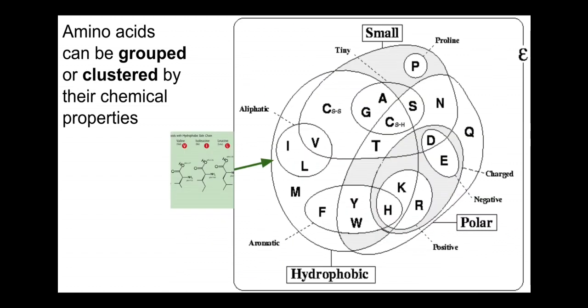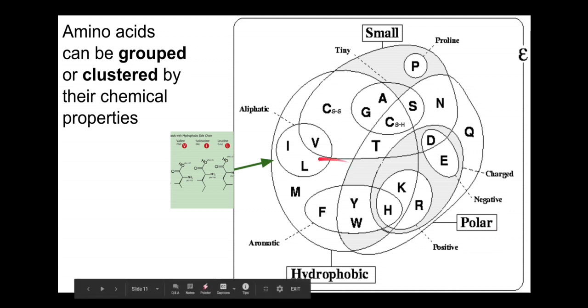We could use a circle diagram or Venn diagram to show how all these amino acids are related. So all these different circles represent relevant groupings, and it's very complex, and there's lots of overlap because each amino acid can fall into different groups, and there's no hierarchy, no structure.